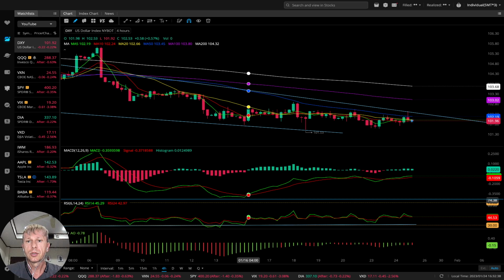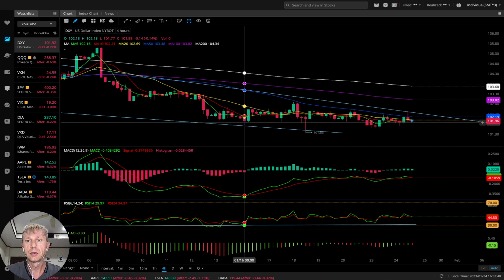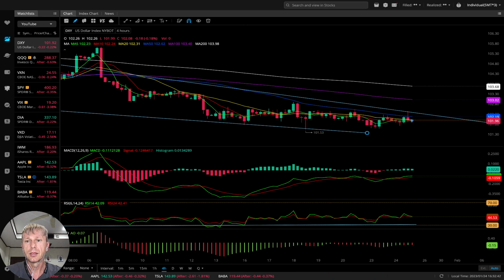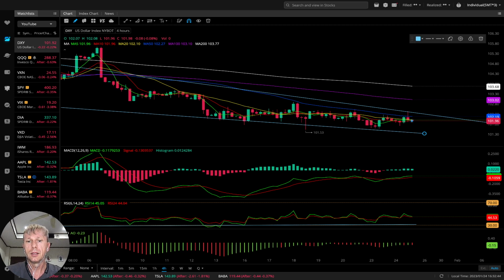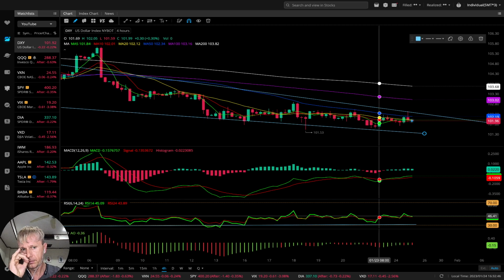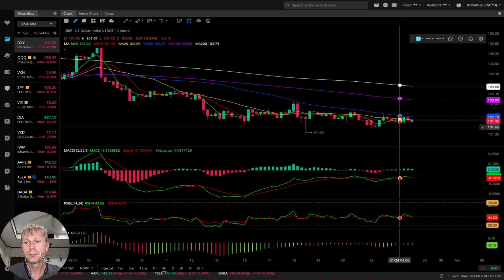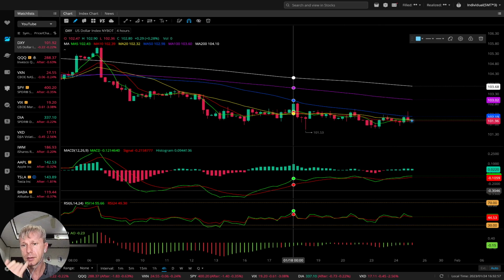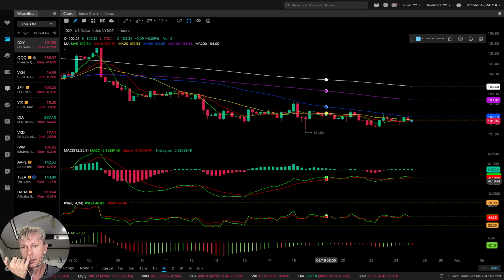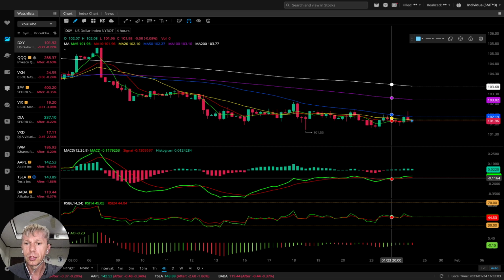4 hours, similar story, right? If you see that trend line, price action is a downtrend, MACD uptrend, RSI uptrend, also oscillator uptrend, bullish divergences on all indicators. MACD has already changed direction to bullish.